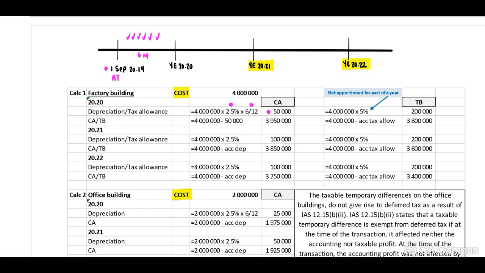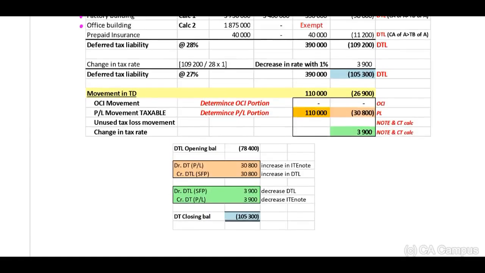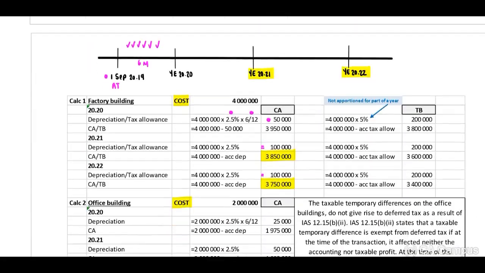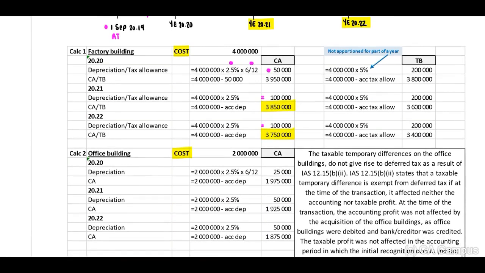The depreciation for 2021 is 100,000 and 2022 100,000. Therefore, the carrying amount for 2021 will be 3.85 and 3.750 for 22. If you look at our carrying amount, I've transferred this 3.85 and 3.75. Same principle in terms of our office building, which you can work through.